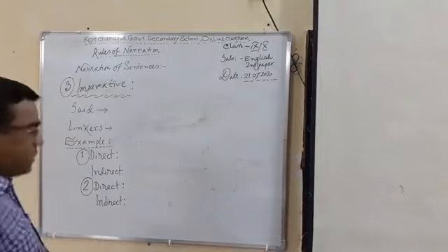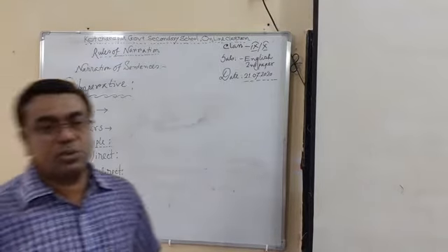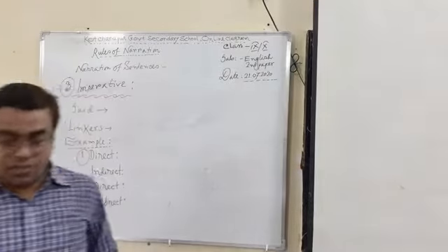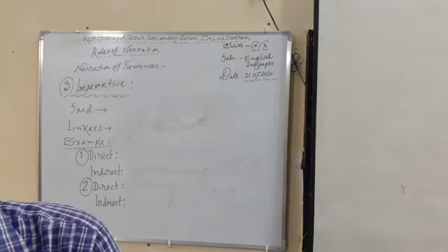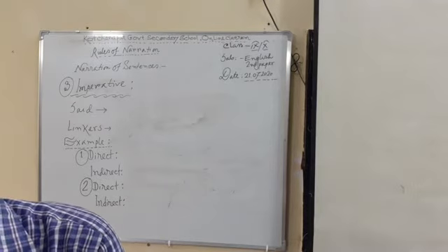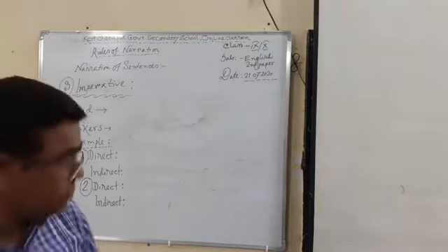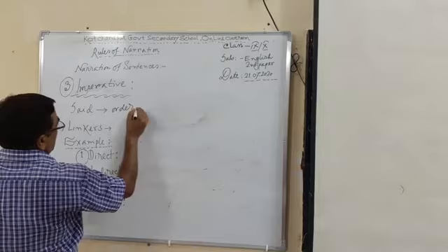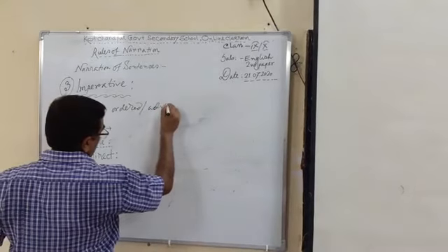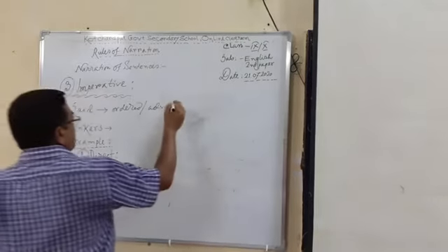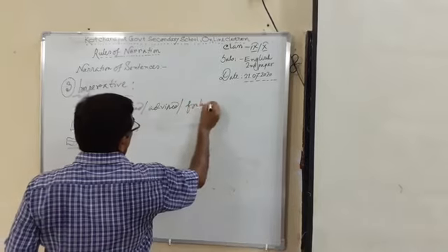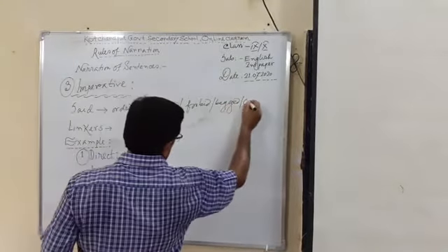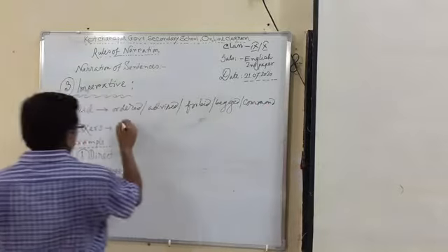Nice. Imperative sentence. In this sentence we have to use instead of said: advised, ordered, requested, forbade, begged, commanded, etc. Okay, and the linker that.